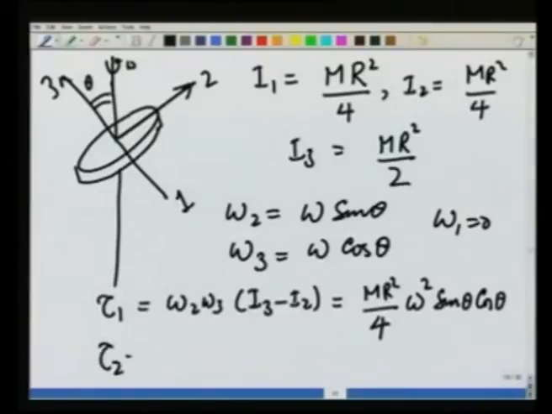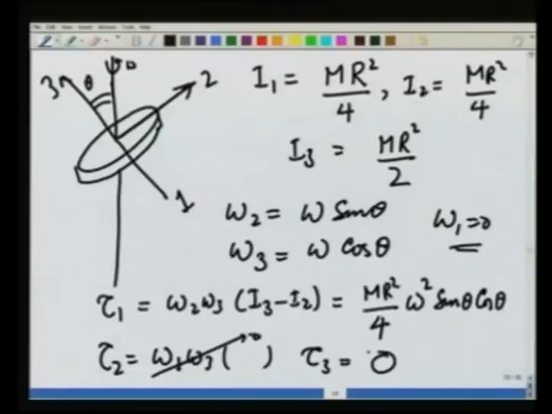Tau 2 is going to involve omega 1, omega 3, and this gives you 0 because omega 1 is 0, and so is tau 3, which is also going to involve omega 1, and that also comes out to be 0. So in this case, the torque is going to be in the direction along 1. In this given situation, direction 1 is going to be coming out of the plane of the paper.